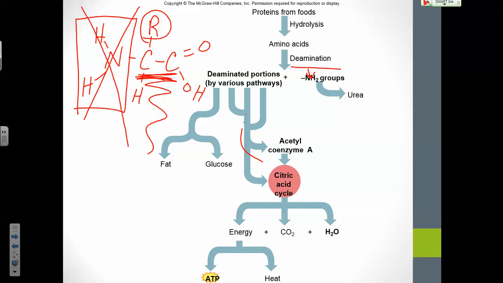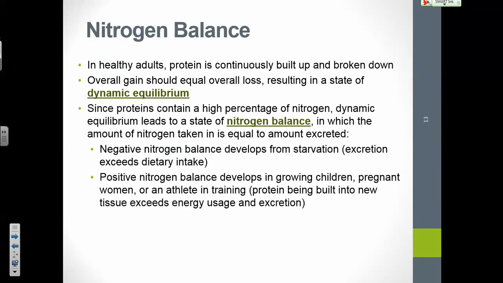That's a nitrogenous substance, and that affects a body condition called your nitrogen balance. Nitrogen balance is an indication of protein intake and output by a person. And people who are starving because they're not getting enough protein in their diet, they're going to have what's called a negative nitrogen balance.